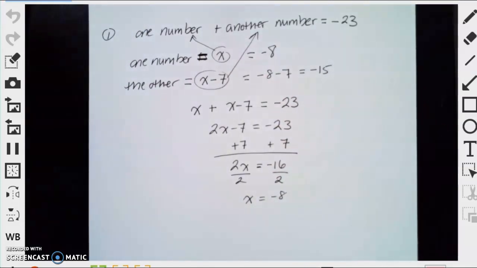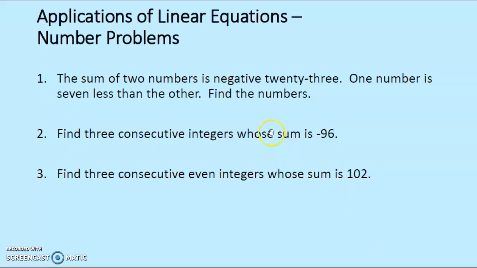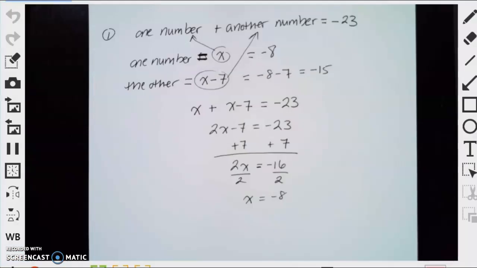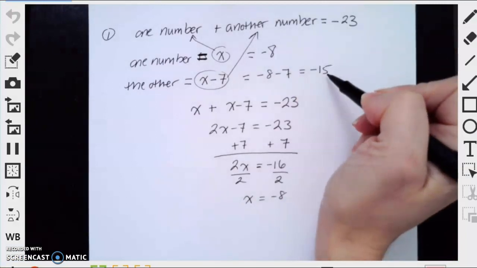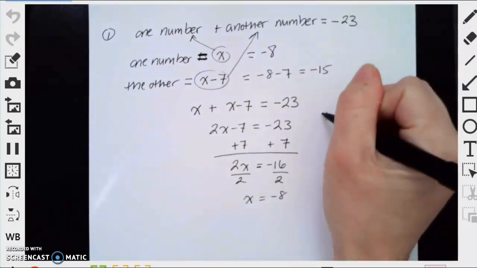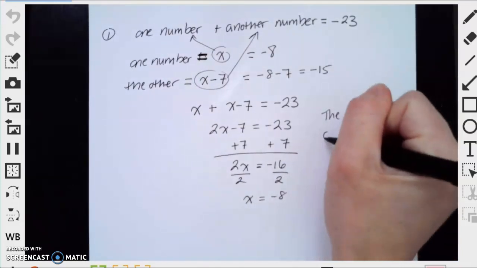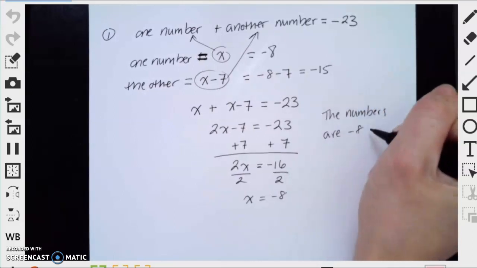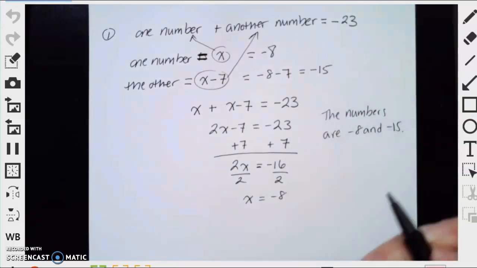So let's go back and check what the question was asking us to find. The question said find the numbers, so I did find both of them. We found one of them to be negative 8 and the other one to be negative 15. So we could just write that in words. The numbers are negative 8 and negative 15.